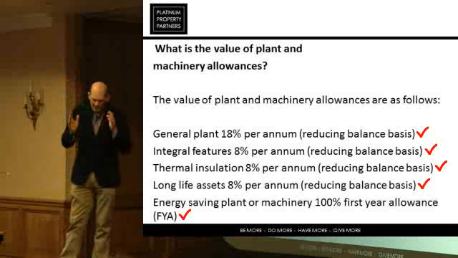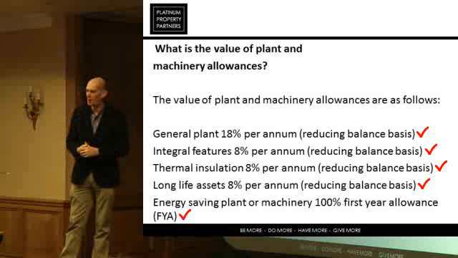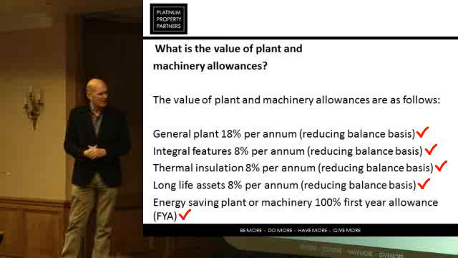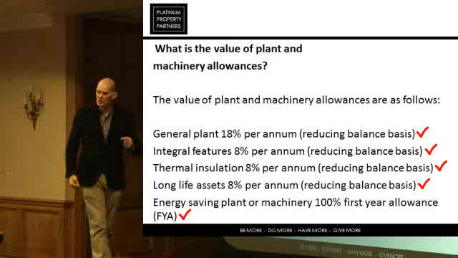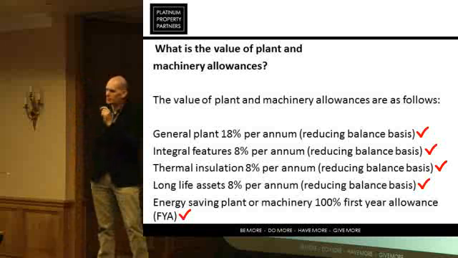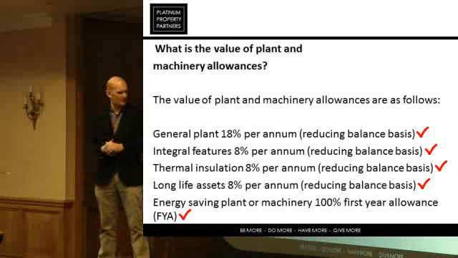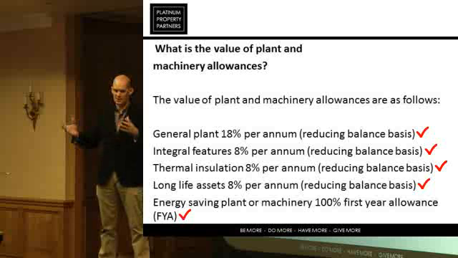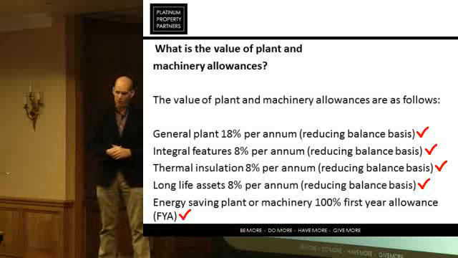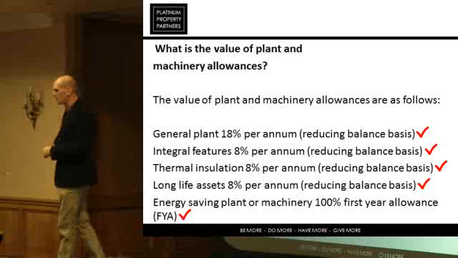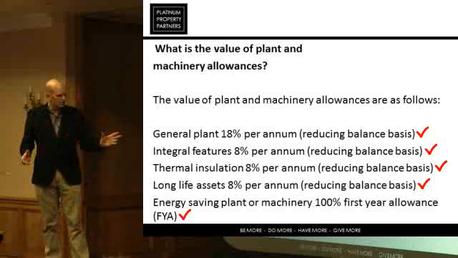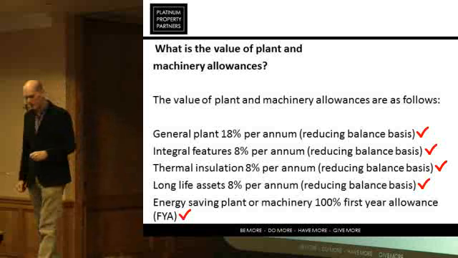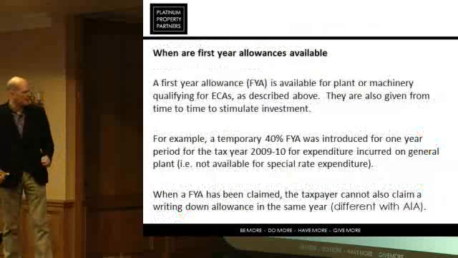The government are very proactive when it comes to carbon neutral and the carbon footprint and all the agreements that they have to make. So they encourage you, as investors, to buy any environmentally friendly plant that you can. And if you have a boiler that meets certain requirements in terms of energy efficiency, you can claim the cost of that boiler all at once in year one. More about that very shortly.